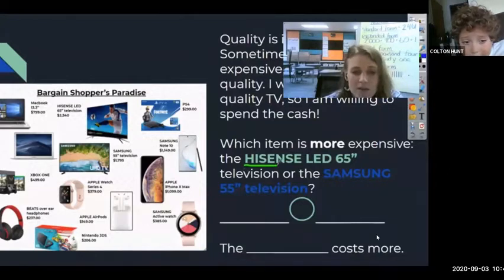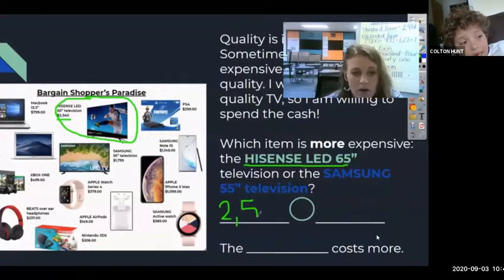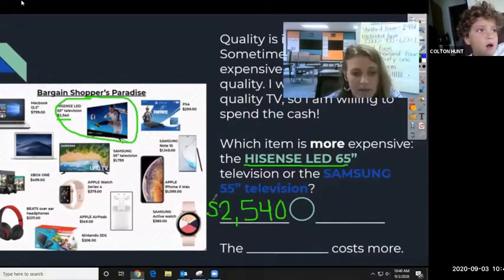Well, I'm looking for this product name, Hisense LED 65-inch, and I know it's a television. Oh, here's my televisions. And we see the Hisense value right here of $2,540. I'm going to go ahead and record that amount here. $2,540, and you know what? This is money, so I'll go ahead and add my dollar sign.